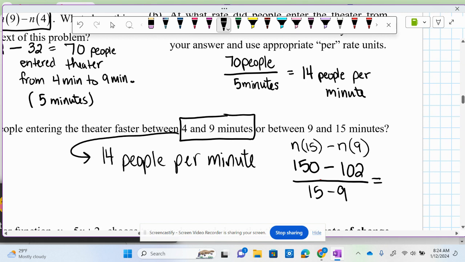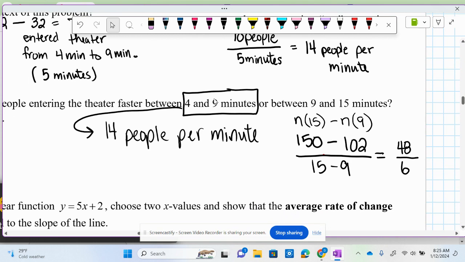What is 150 minus 102? And what is 15 minus 9? 48. Good job. And 6. What is 48 over 6? It's 8. That means 8 people per minute.